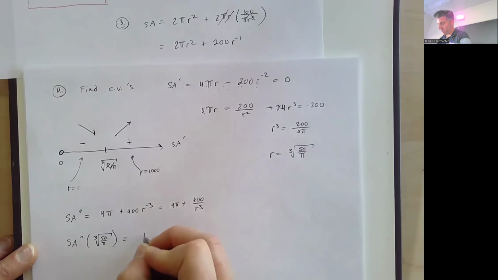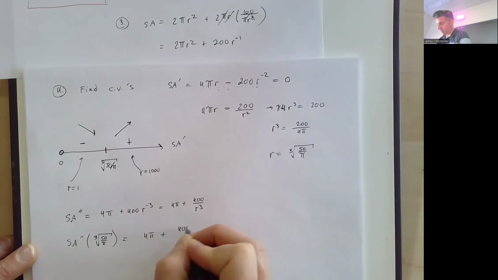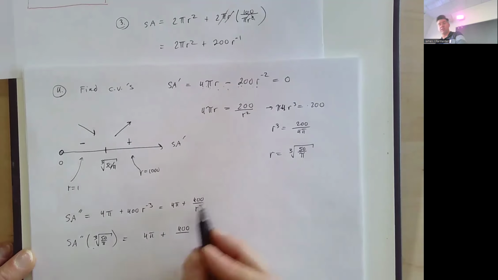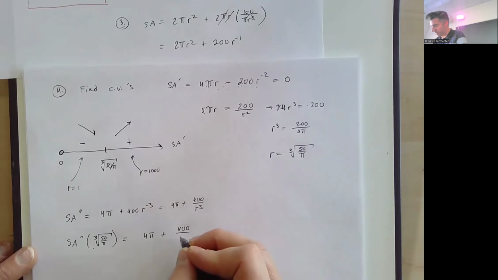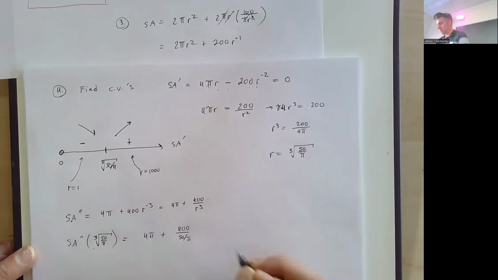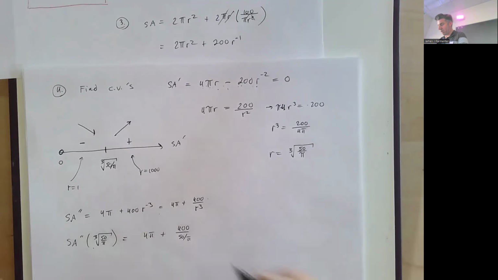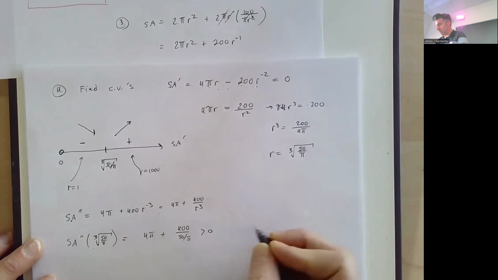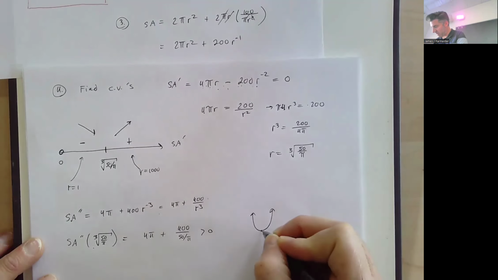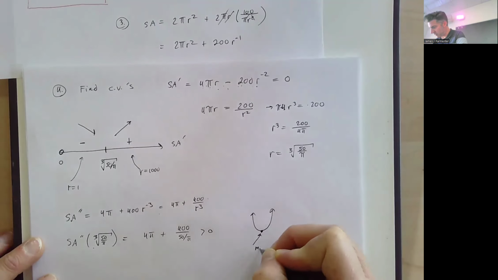You're going to get 4 pi plus 400 over the cube root of something cubed, which is just the something. So you've got 400 over 50 over pi. And clearly that's positive, right? I didn't even really need to plug it in to check. That's positive, we're good to go. Which means you would be concave up, which means we'd have a minimum at your critical point.